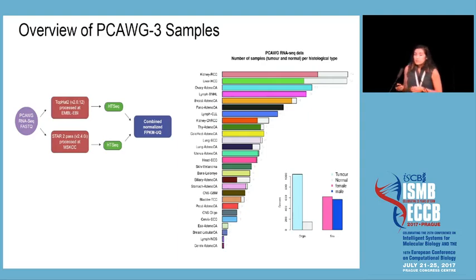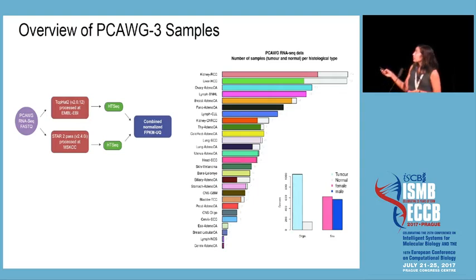In order to process all of these cancer types to make them comparable, we aligned all of the samples using TopHat2 and STAR, and then we used HTSeq in order to get the counts, and then they were combined once these two were in good concordance and then normalized using FPKM-UQ.